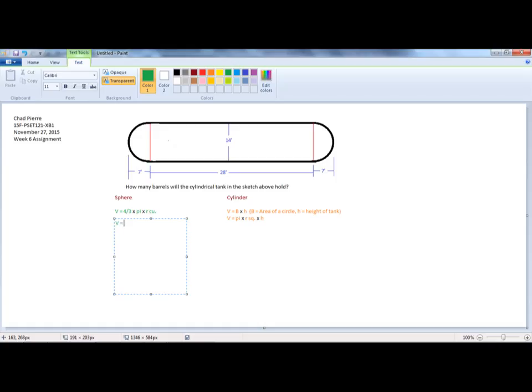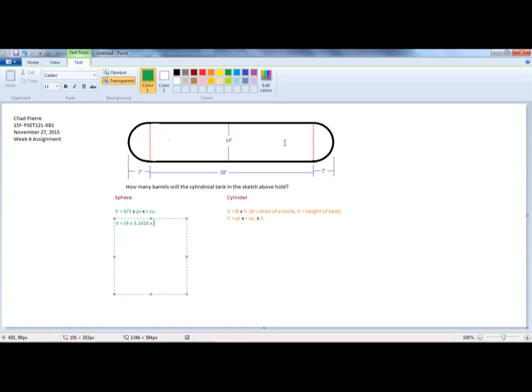I'm going to type this in just like the book. It'll be 4 times pi, where pi is 3.1416, times our radius cubed. Now, what is the radius of our sphere? The radius is from the center of our sphere out to the outer edge.